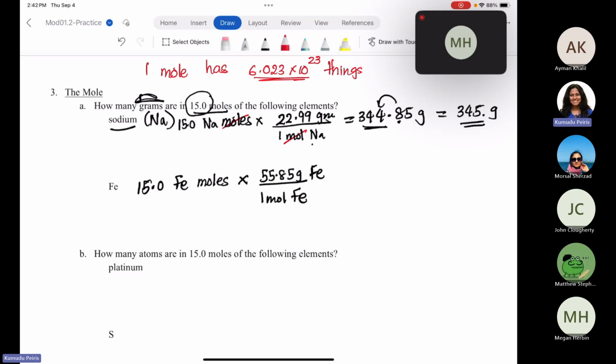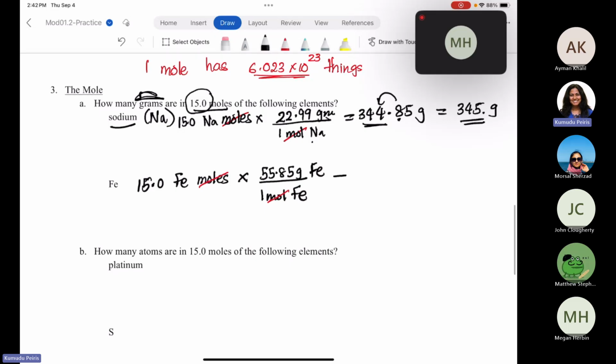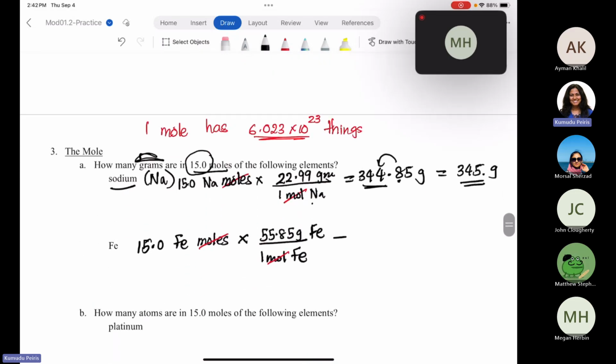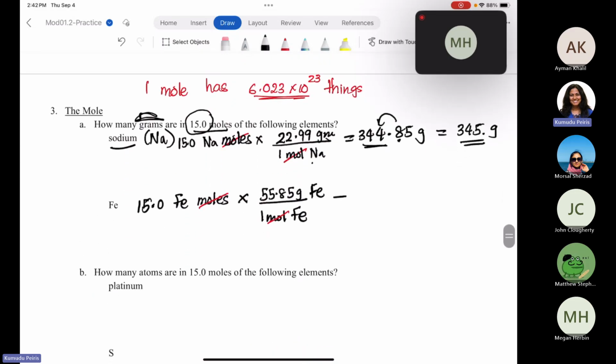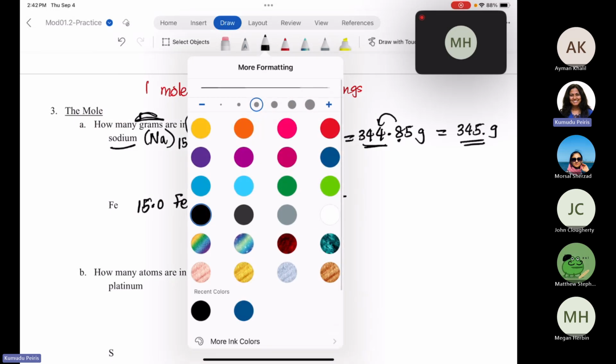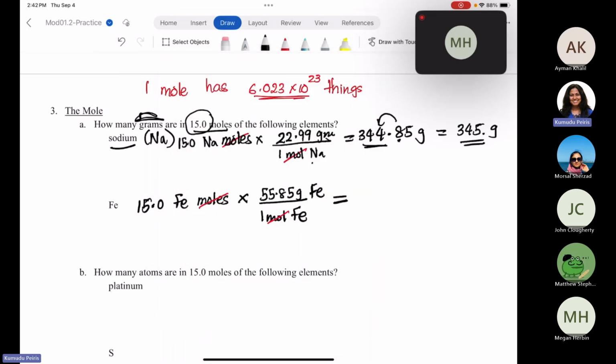So moles to moles will cancel out and we'll get the answer in grams. And that will be equal to 837.75 grams. And again, the answer should be given with three significant figures.